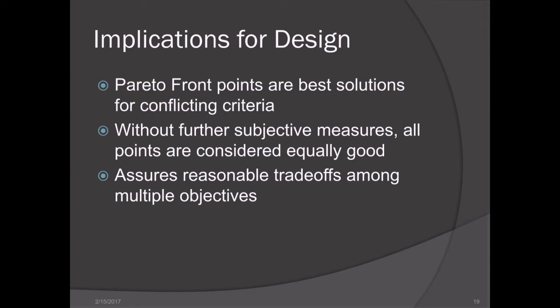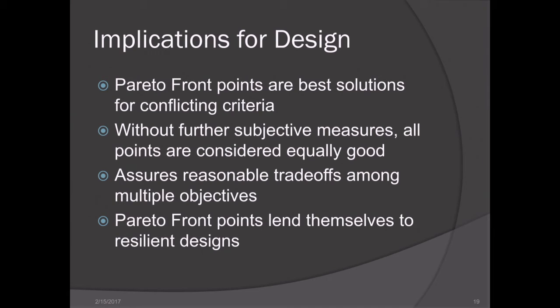Pareto front also assures that reasonable trade-offs have been made among multiple objectives. Okay, so you're not giving up all of objective D in order to accomplish objective A. You have some reasonable trade-offs there. And the Pareto front points lend themselves to resilient designs.